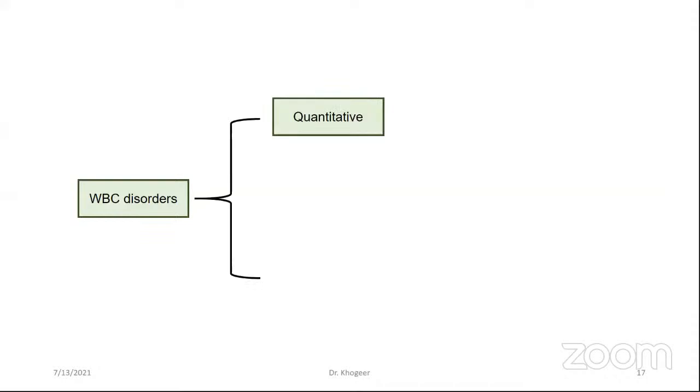So now let's first have an overview of the different white blood cell disorder classifications. We categorize these disorders into quantitative, where there is an alteration in the number, or qualitative, where there is a morphological or functional alteration.